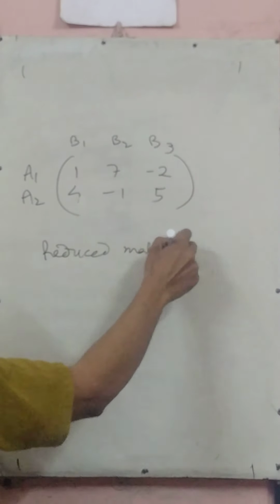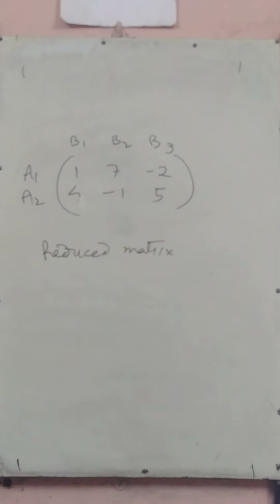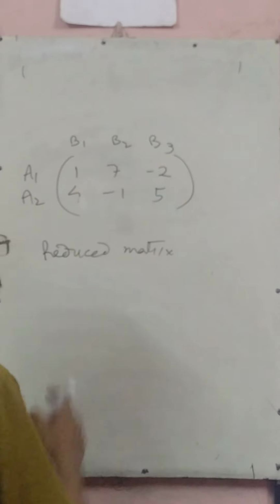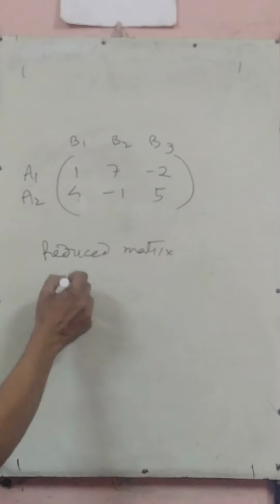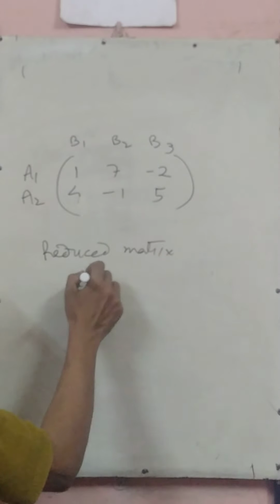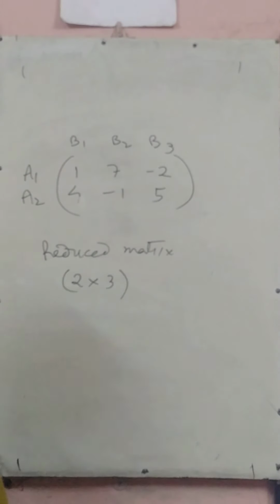One thing I want to do is keep this problem for the next topic. I have discussed this problem so that we can understand how to reduce a bigger matrix to a smaller matrix. This reduced matrix is now 2 rows, 3 columns. So we failed to change the problem into a 2 rows, 2 columns matrix.